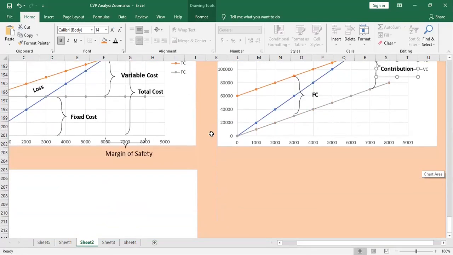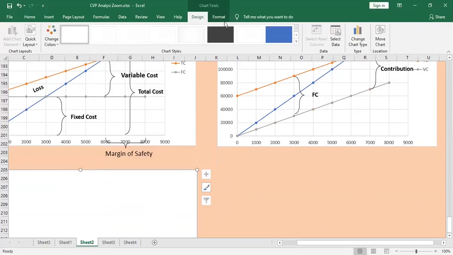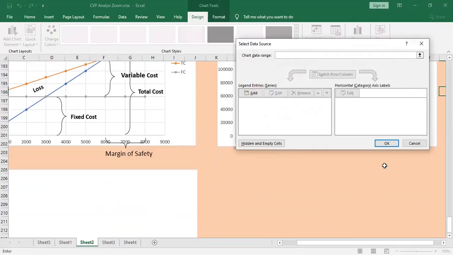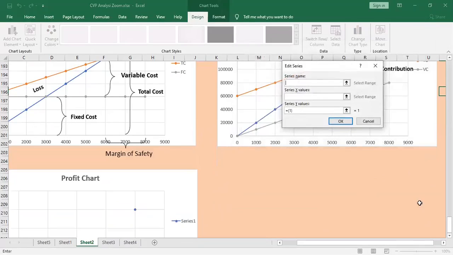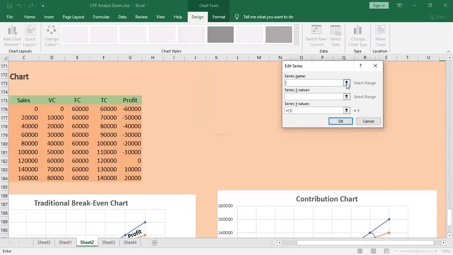And there's another way that we can display this relationship, by using only the profit curve. So let me add the profit curve in here. Again, I'm adding, so we just calculate the profit.